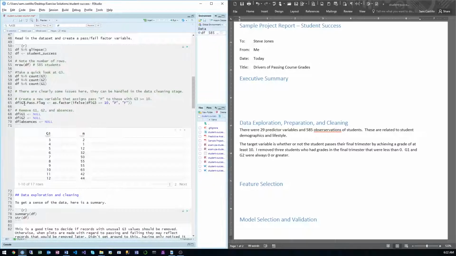And then they create G3 pass flag. I don't like to use uppercase letters in my column names because it takes longer to type. Better yet, I'm just going to call this pass.